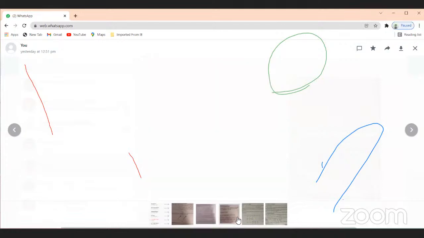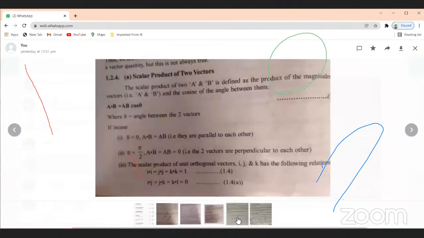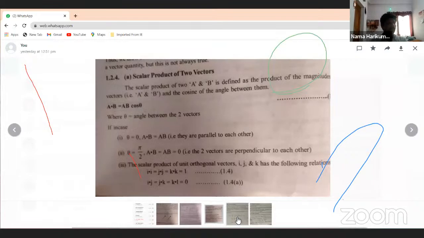No doubt, sir. Okay, then scalar products of two vectors.